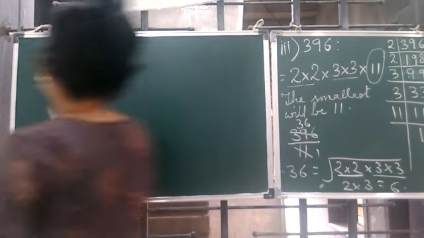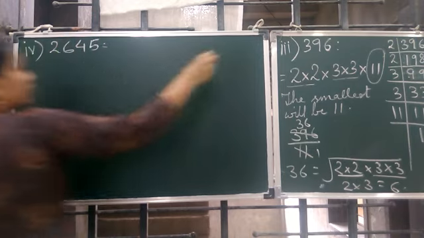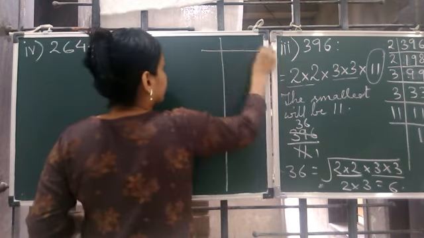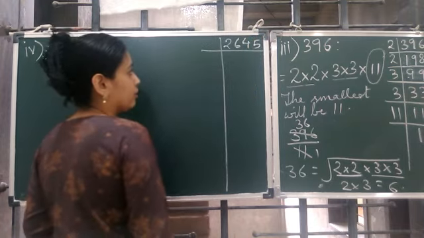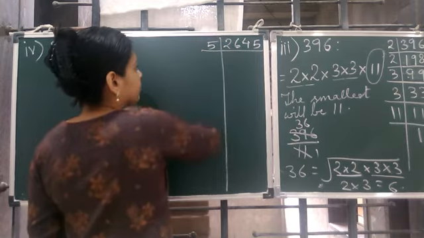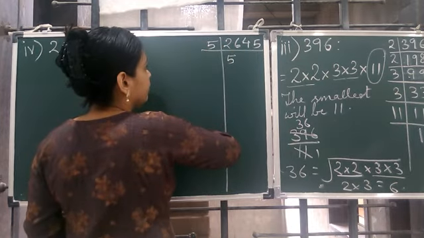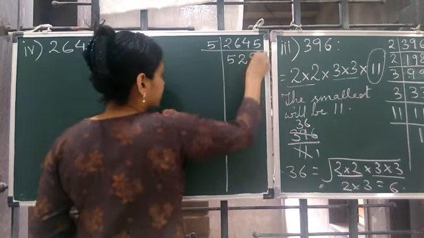After 396, it is 2645. Fourth one is 2645. Let's check, will it go by 3 or not? No. 5s are, 2s are, 9s are.